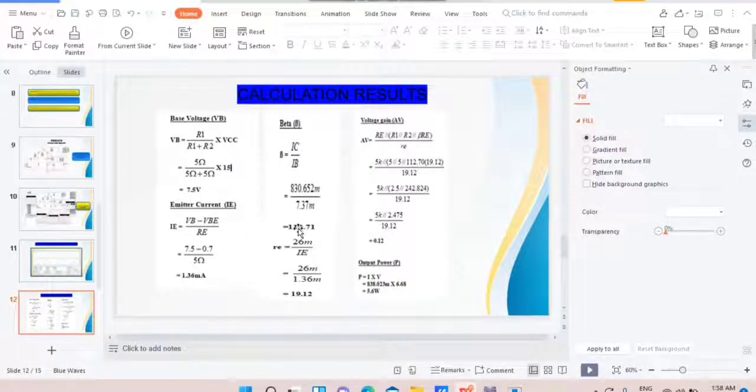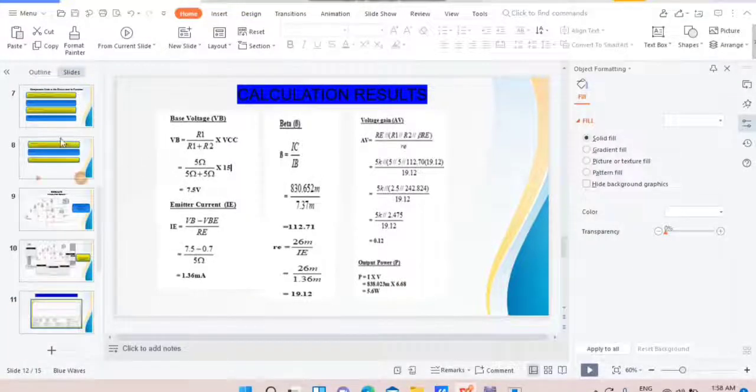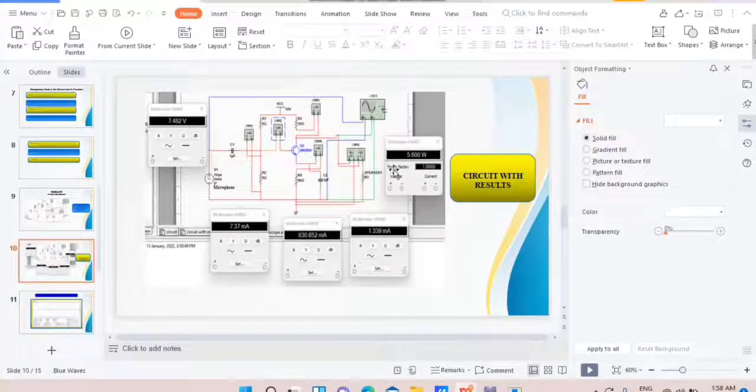Beta is 112.71. RE we obtained is 19.12. AV that we calculated is 0.12 using this formula. And lastly, the output power that we calculated is 5.6 volt. Based on the calculated result and the simulation result that we obtained, both are similar.